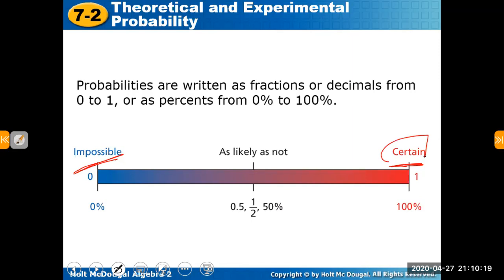And if we have the probability 1 over 2, which we normally call 50-50, that means it is as likely to happen as not. So there is a 50-50 chance of something happening and not happening. So this is how we describe the three ranges of probability. Impossible and certain are the two extremes, and in between we have as likely as not.